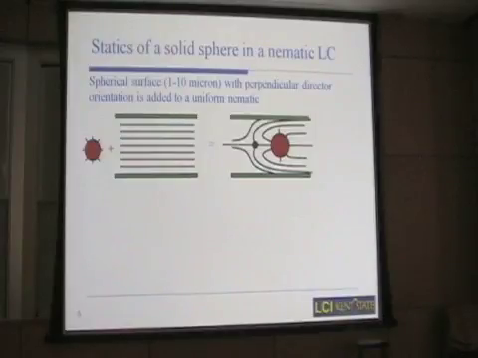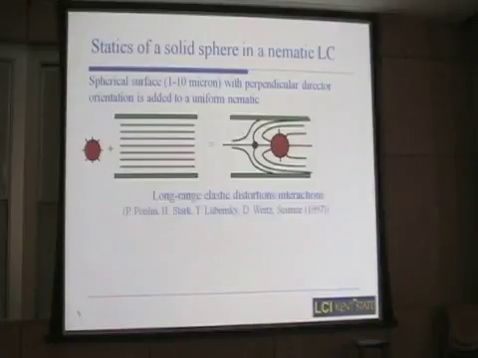And in most cases, the compromise is achieved by this configuration that was described in detail by Tom Lubensky and David Weitz, at that time at UPenn, about 12 years ago. So what you have here is an elastic dipole.